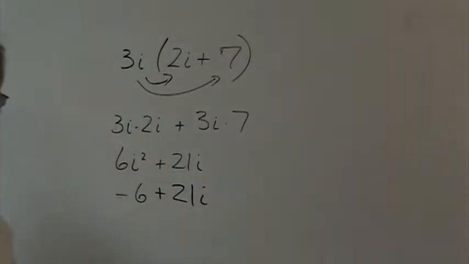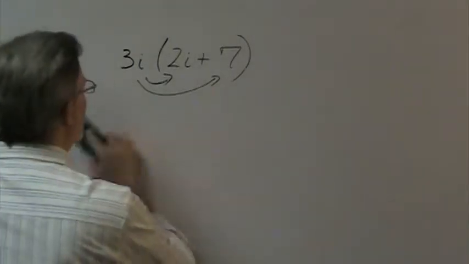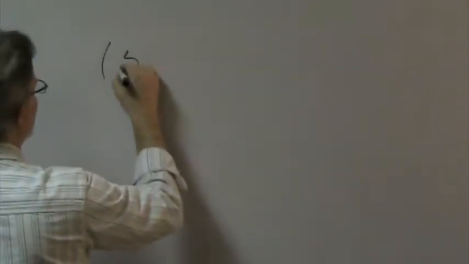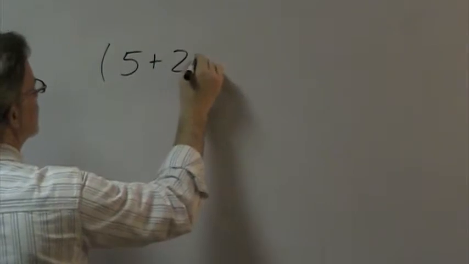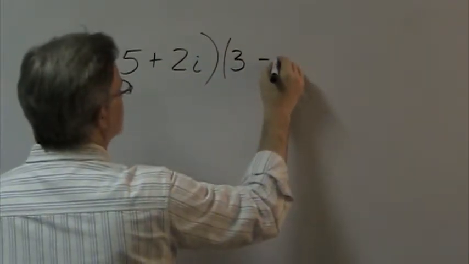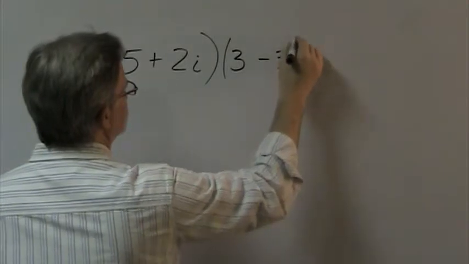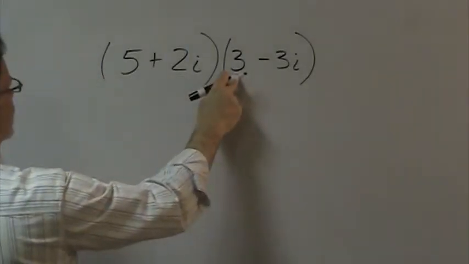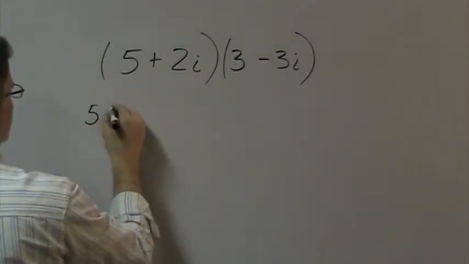What about two binomials? Well, we've dealt with all of these before. These are very interesting the way these work out at times. But let's consider, for instance, (5 plus 2i) times (3 minus 3i). This is another FOIL. The first term is 5 times 3.